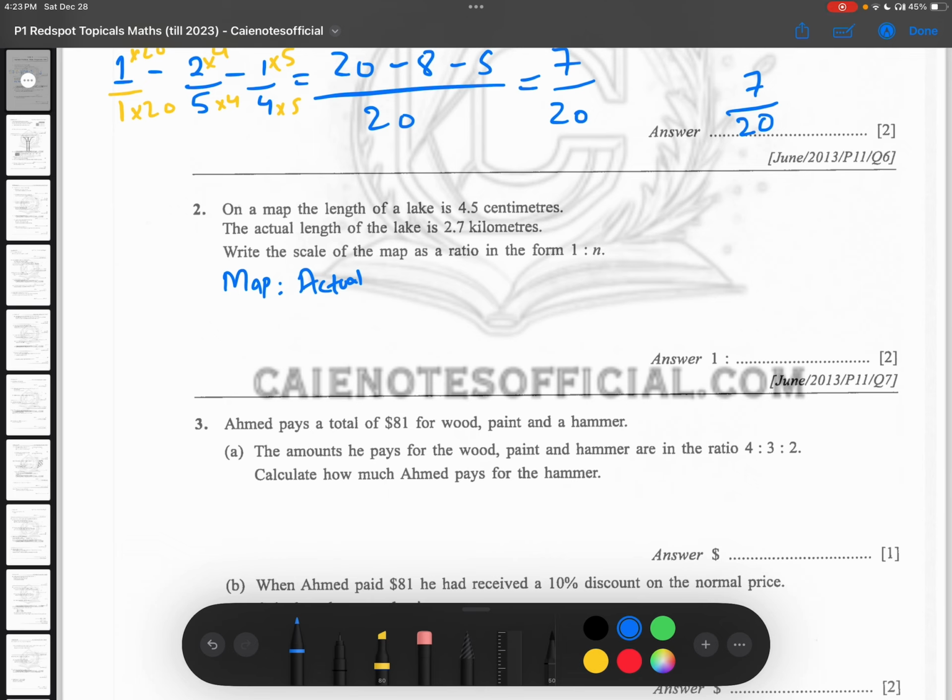The map length is 4.5 centimeters and the actual length is 2.7 kilometers. So we will convert kilometers into centimeters.